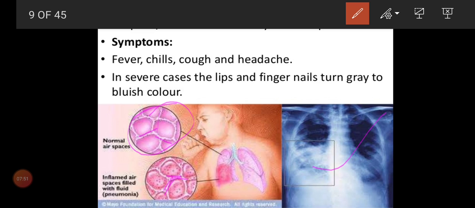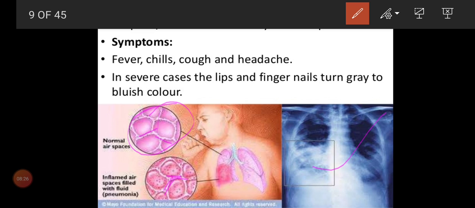If the doctor is still not getting any idea, the doctor will prescribe a bronchoscopy. The spelling is B-R-O-N-C-H-O-S-C-O-P-Y. In bronchoscopy, they insert a flexible tube through the nose, and through this tube they collect some pus or fluid.